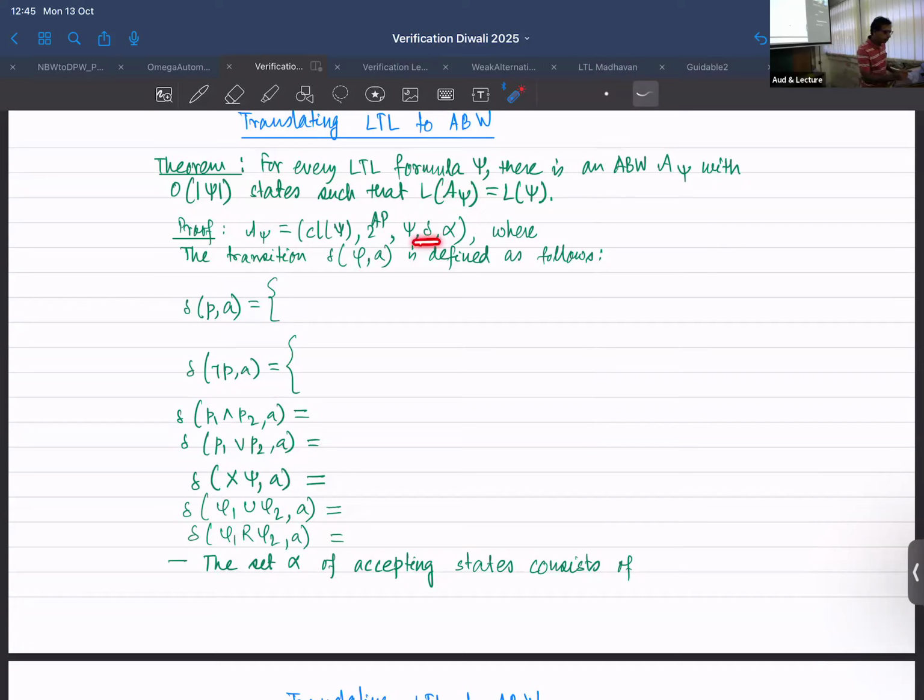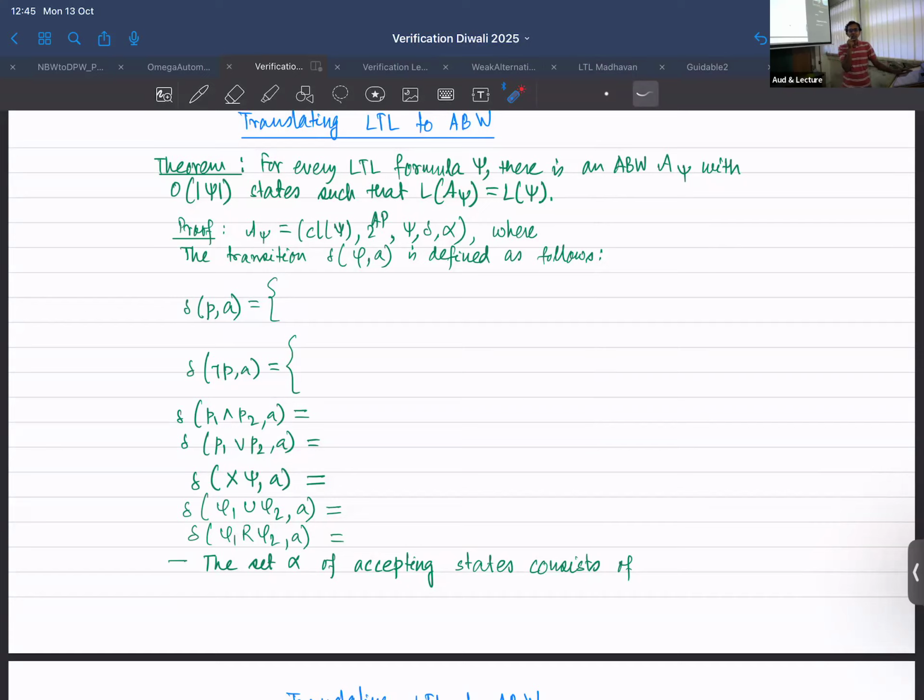And we are going to talk about the transition relation delta, and we also have the set of accepting states, the set of good states. Okay, so how should the good states look? It's not very easy to see, but do you have any guess on how the good states should look?